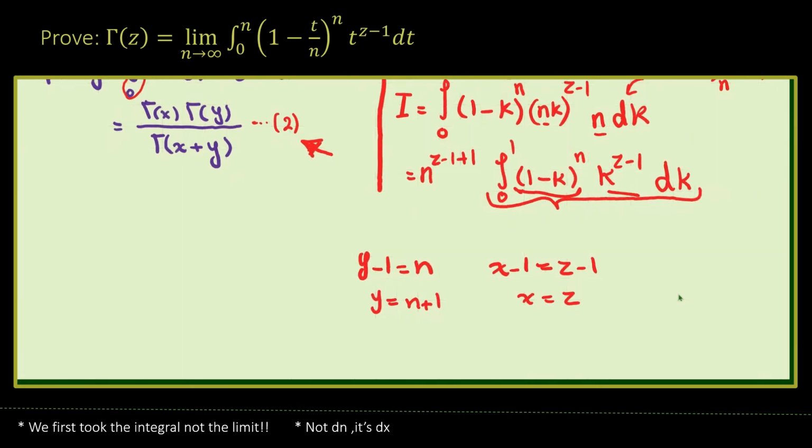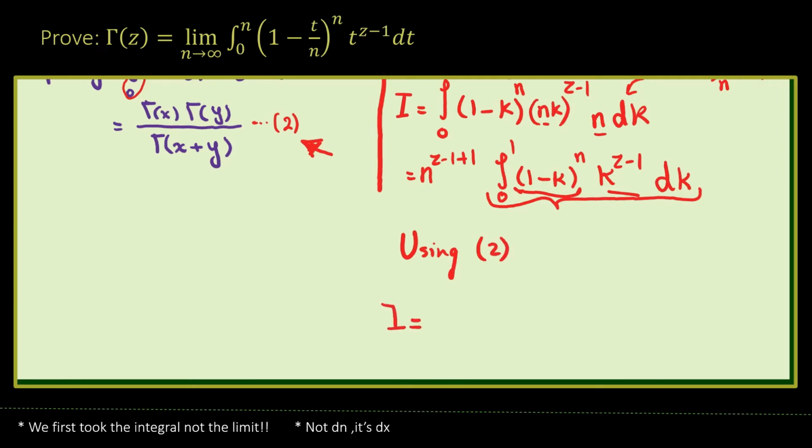So our integration, using the definition of beta function, we will get that I is equal to n^z times beta of z and n plus 1.